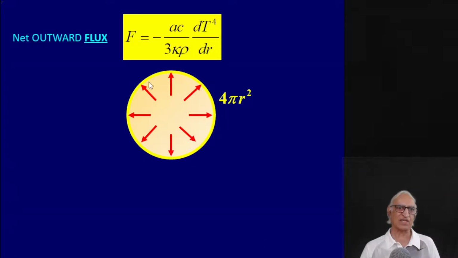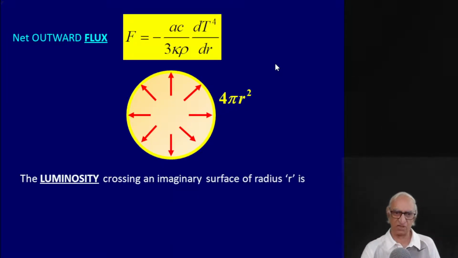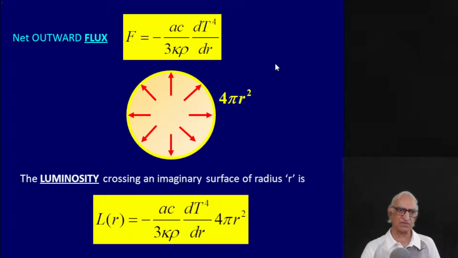Now, let us once again rewrite this formula in terms of the luminosity by remembering that the luminosity divided by the surface area of the sphere, which is 4 pi r squared, will be the net outward flux. Flux is by definition energy crossing a unit area per unit time. Therefore, the luminosity crossing is the same formula.